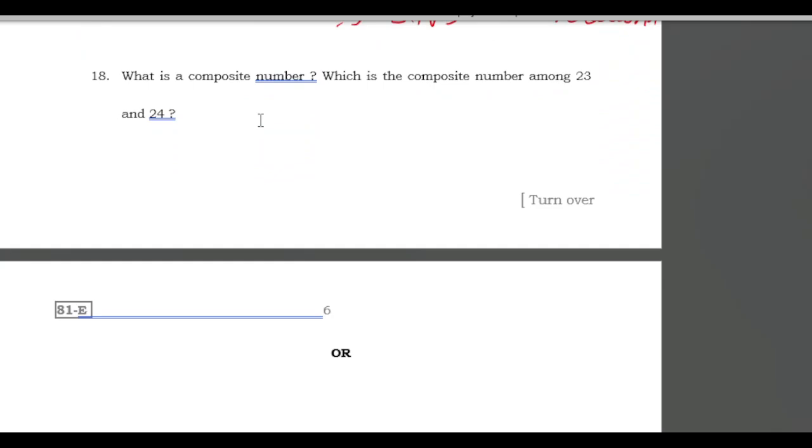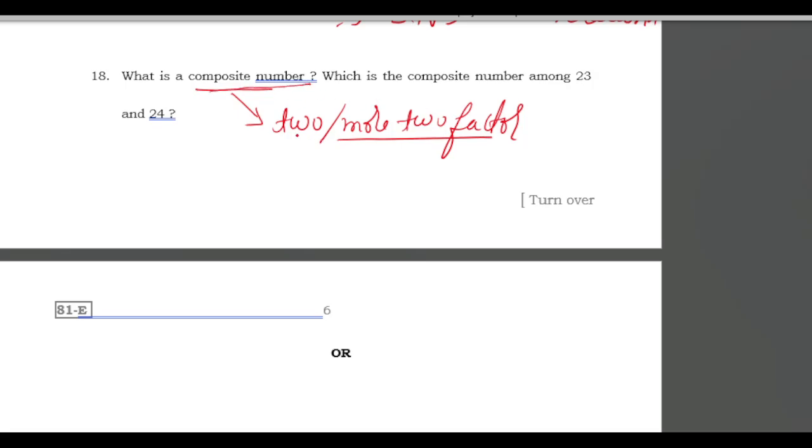Next question: what is a composite number? A composite number is very easy: a number which has more than two factors is called a composite number.